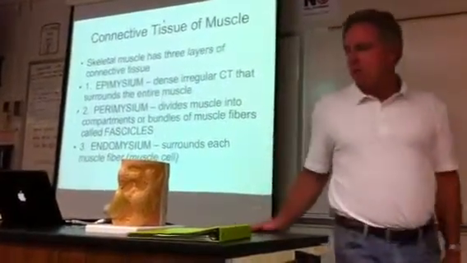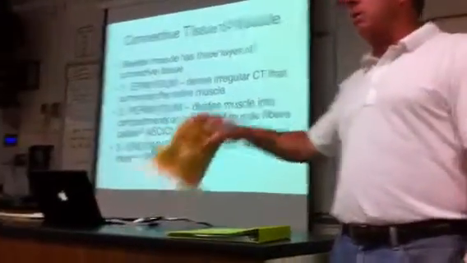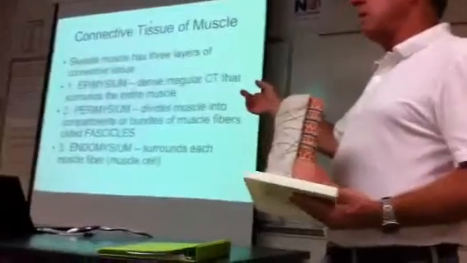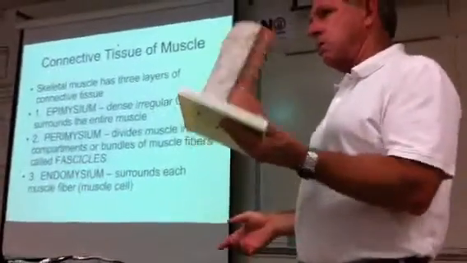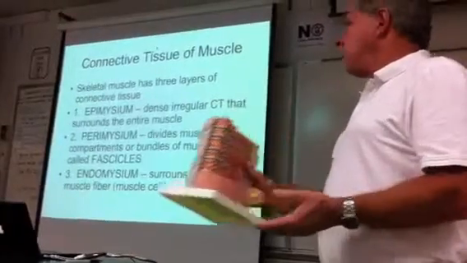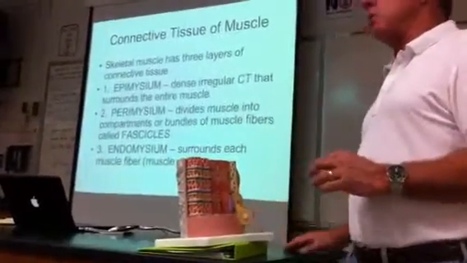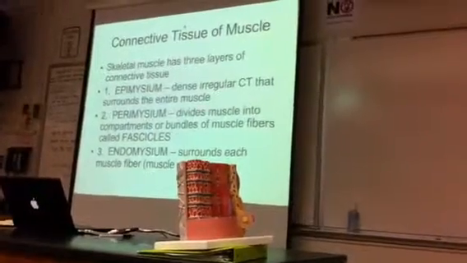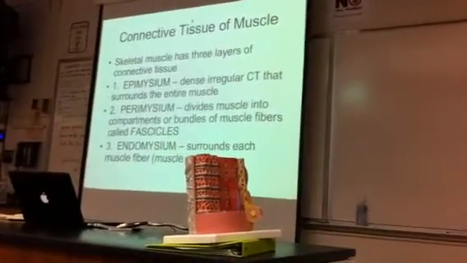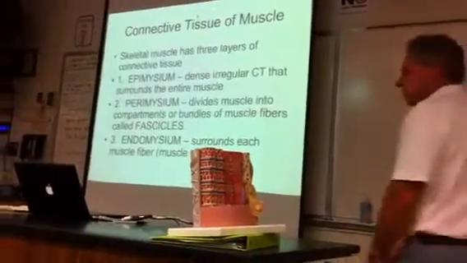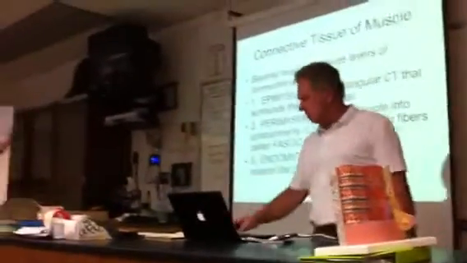On this little model of a muscle, this grayish stuff would be the last layer, the endo. There's a key for this; I'll be using this over the next couple of nights. Those are the connective tissue layers that surround our muscles. When you're cleaning your cats, you're taking care of number one, but we don't get down to the depth of number two and number three. You do need to know these.